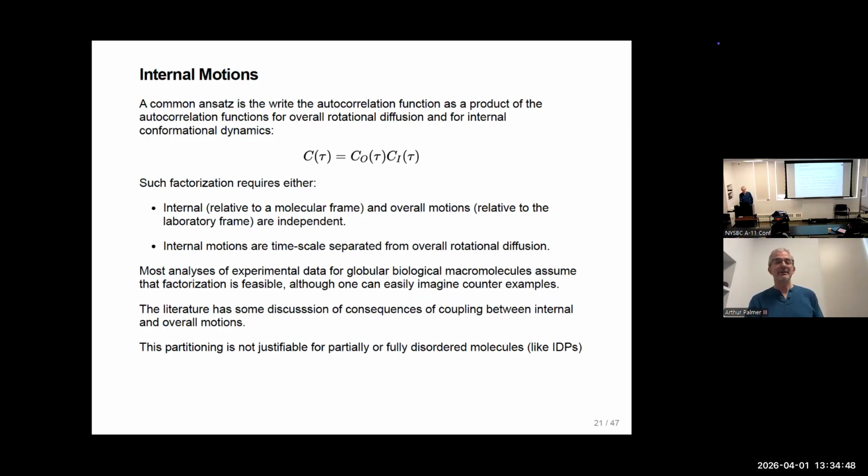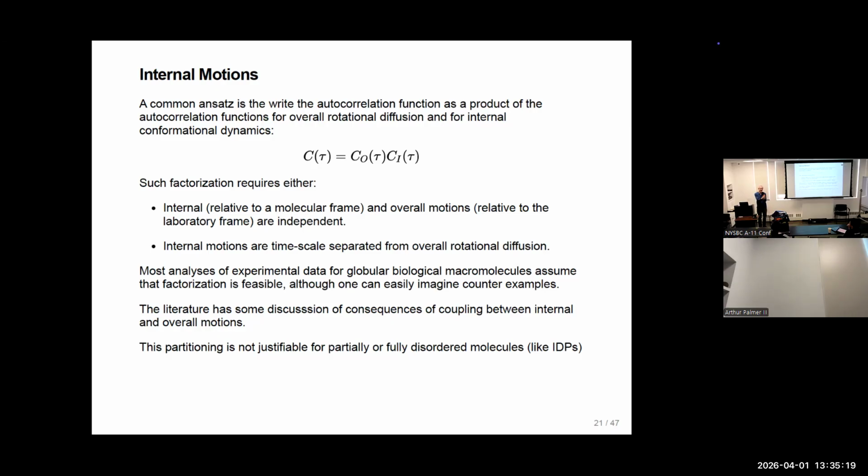So a common approximation is that the internal motions are independent of the overall motion. And again, you can easily think of cases where that's not true. If you're talking about going from folded to unfolded, then in the unfolded state, internal and overall motions are probably tightly coupled to each other.